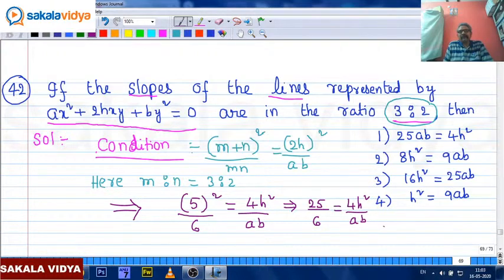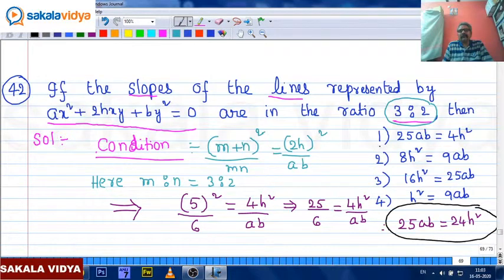Cross multiply it. Therefore 25ab equals 24h². So this is the required option. That means our option is the first option.